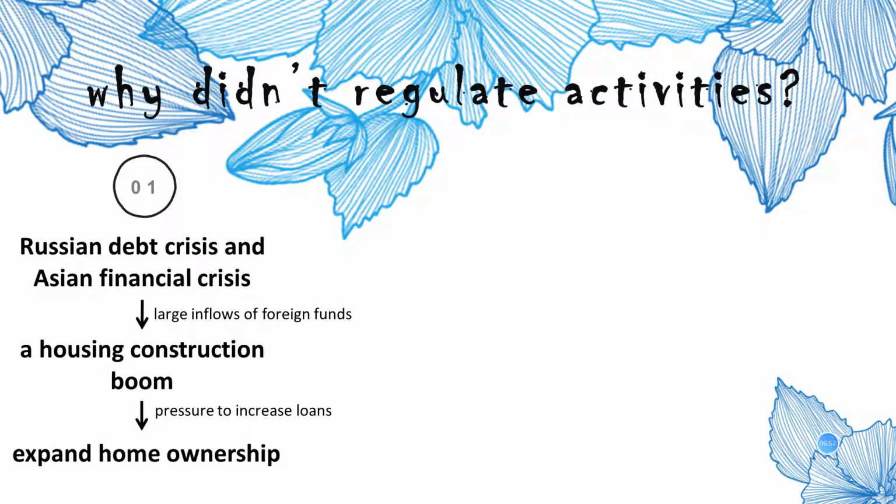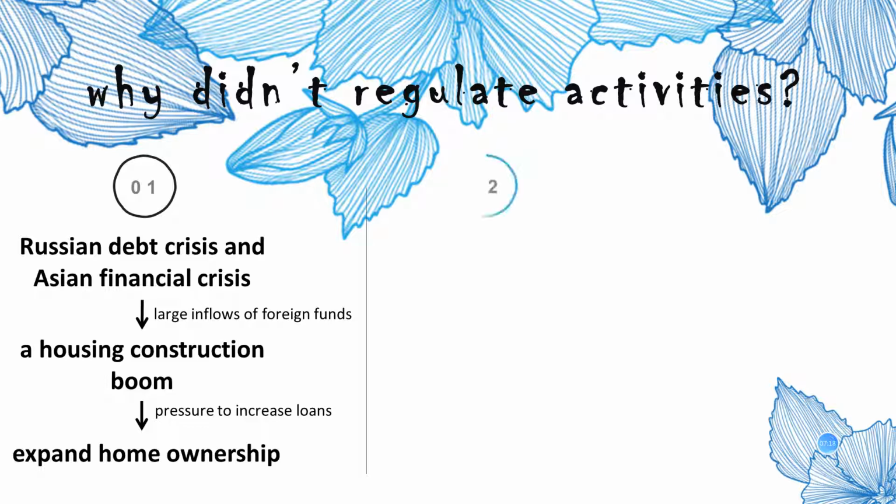Actually, the government tried to expand house ownership by applying pressure to mortgage lenders to increase loans to low and moderate income households. Some state legislators wanted to curtail this predatory lending but eventually failed.